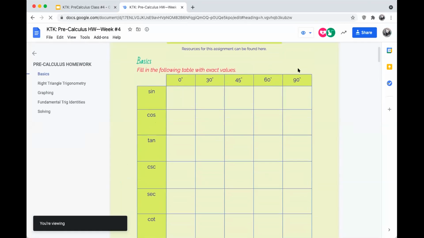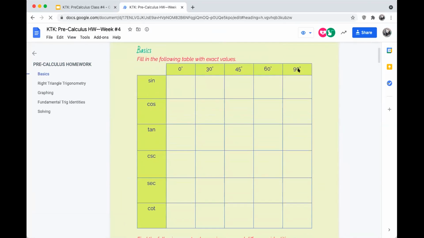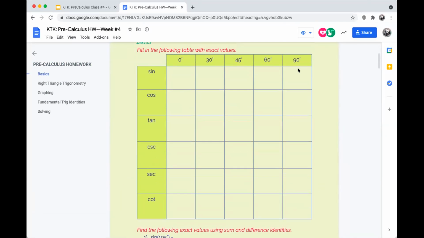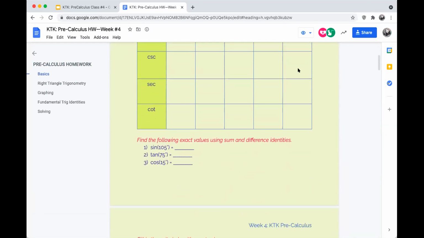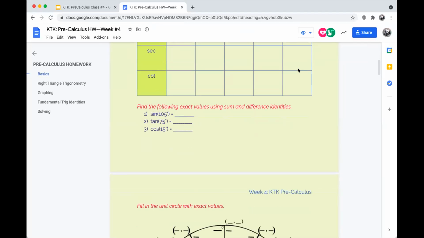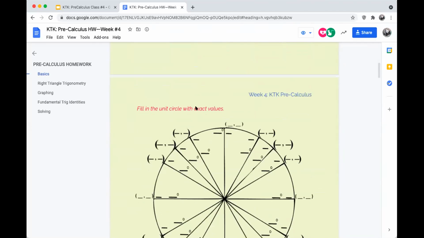So the basics section: fill in the following table with exact values, radian values, I might add. Find the following values using sum and difference identities, which is not something we went over in class, but you take this number and use the sum and difference identities to add the degree values from this table together, and so you can find an answer that way.